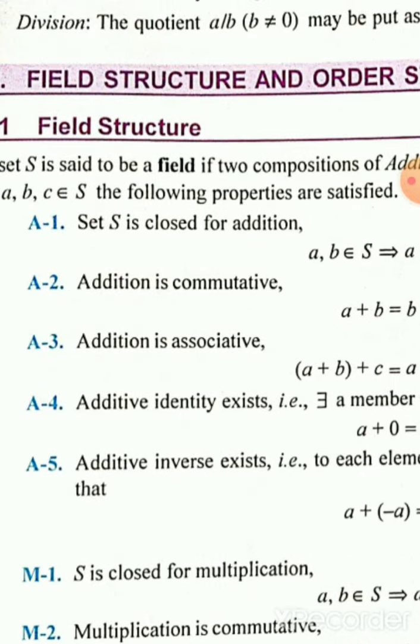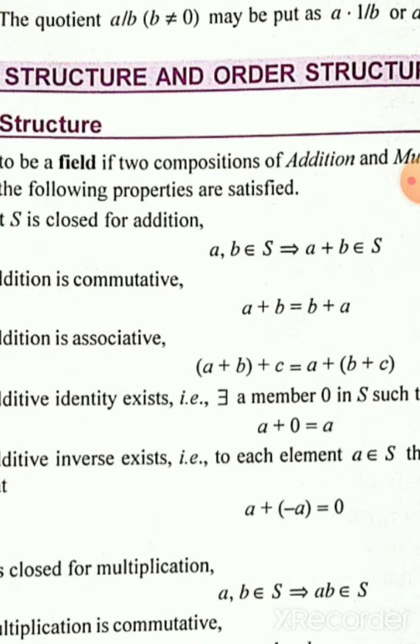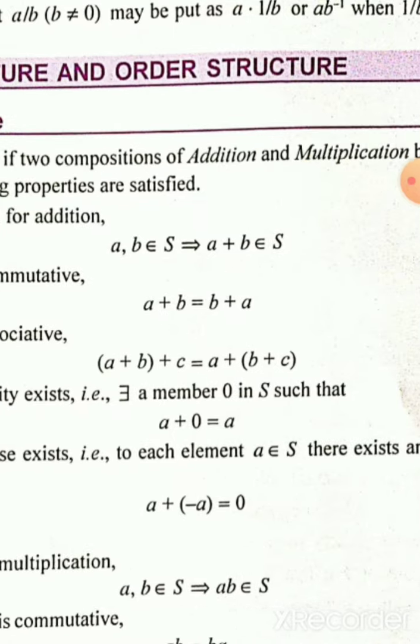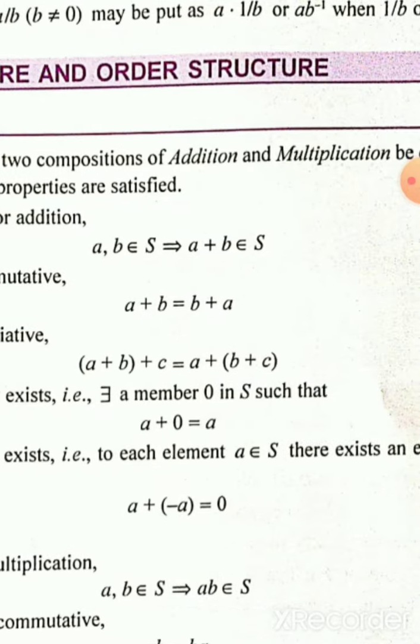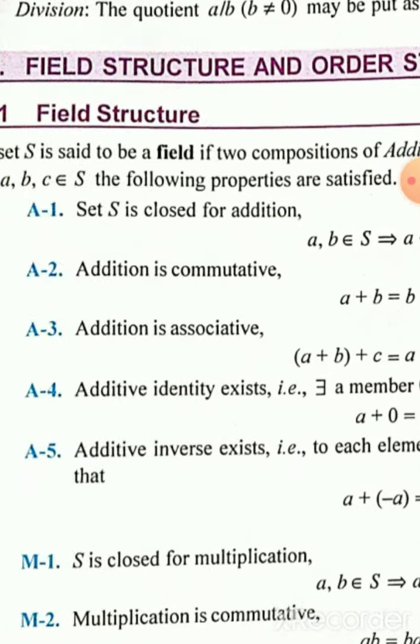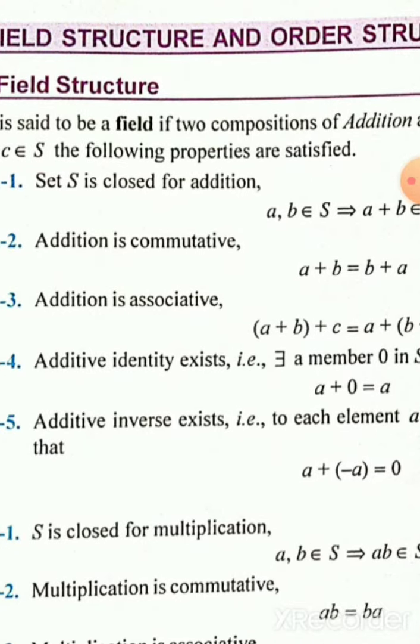So here additive identity exists. That is, there is a number 0, or it may be denoted by 0, in S such that a plus 0 equals a. Now you know that whenever the operation is addition, then the identity is 0. So that's why it is denoted by 0. So a plus 0 equals a.